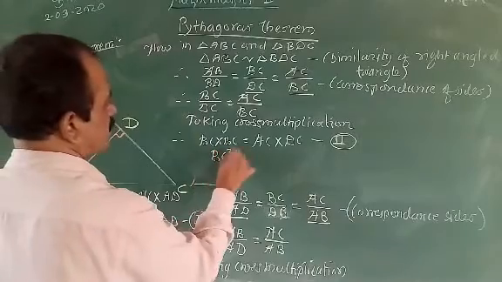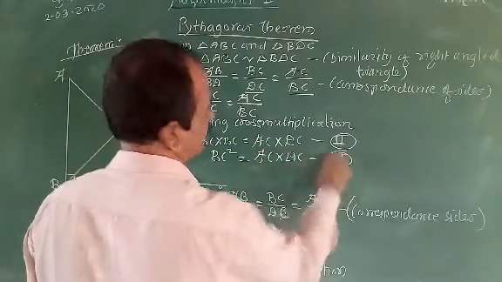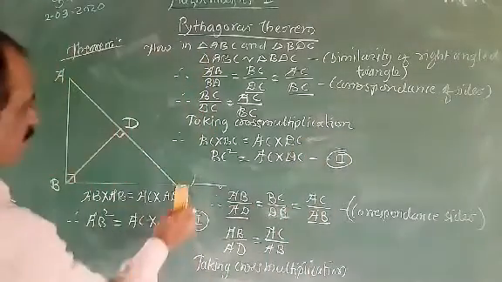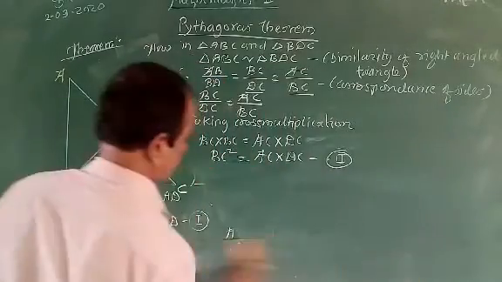That is, BC square is equal to AC into DC. This is our second statement. Next point: adding first and second.